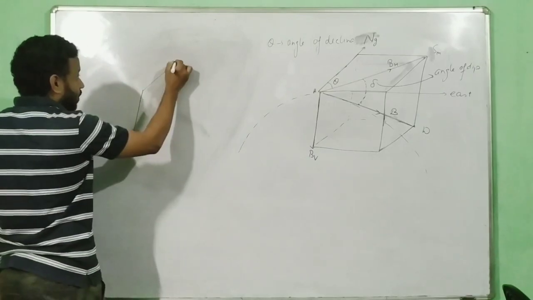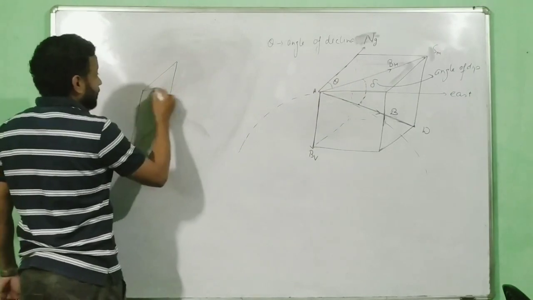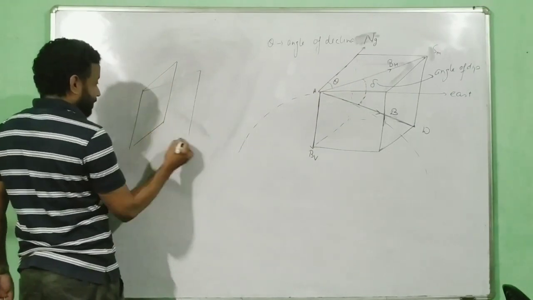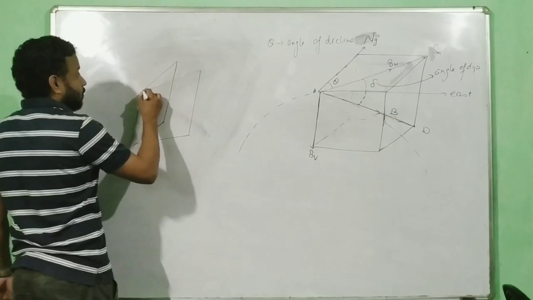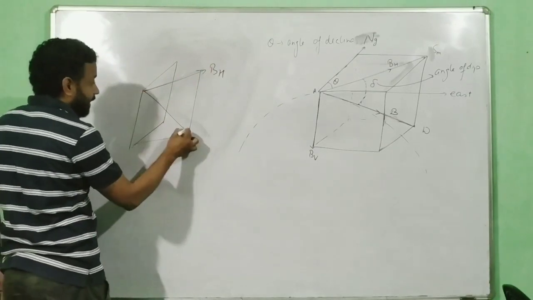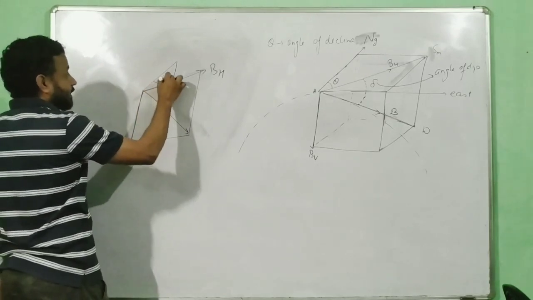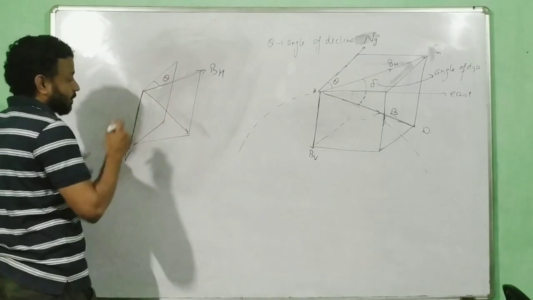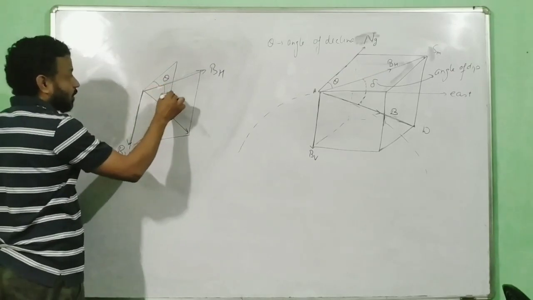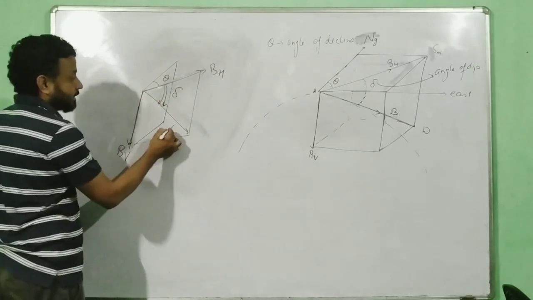Consider that this was the geographical meridian, and this one is my magnetic meridian. So this is Earth's horizontal magnetic field, this is the net field, and this is the vertical field. This angle theta is not of that importance for class 12, and this angle is called delta, the angle of dip, and this is the net field.